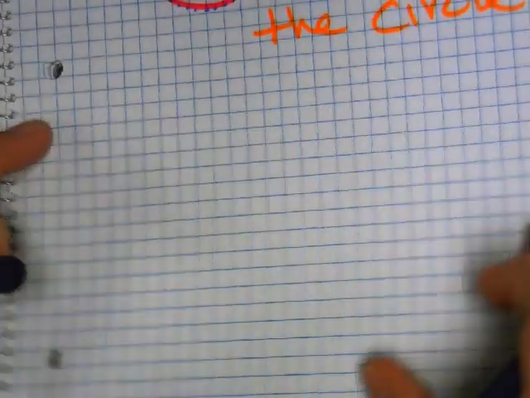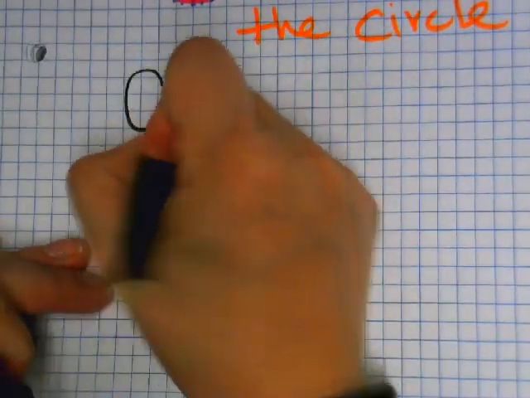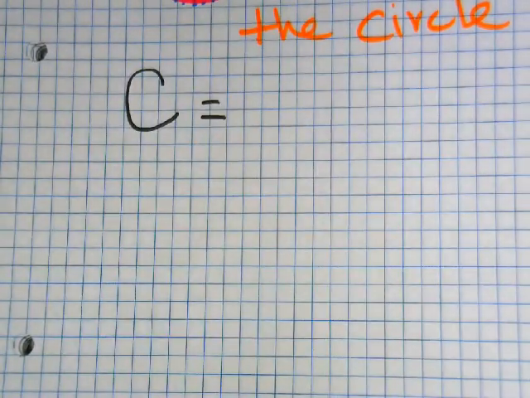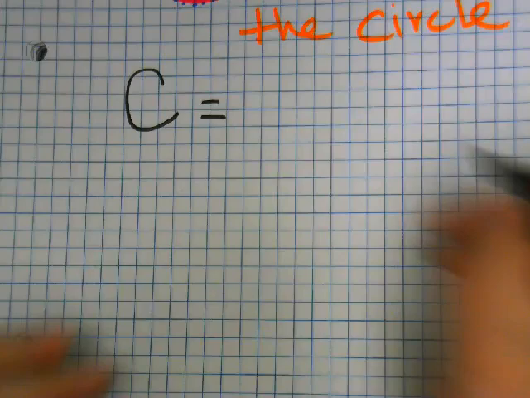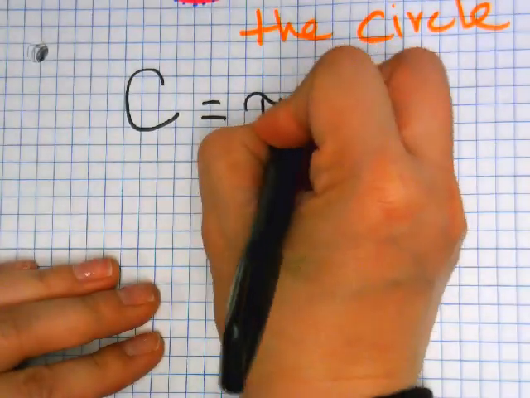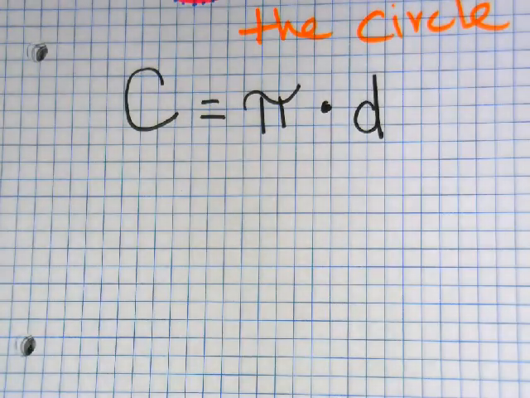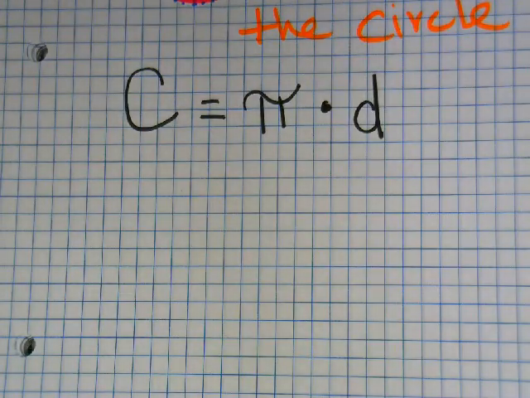All right. So circumference, we use the letter C, that stands for circumference, is equal to, now it's a formula, pi times the diameter. That's pi. So in math, we use this Greek letter from the Greek alphabet, and it's pronounced pi. And in math, we adopted it a long time ago, and we gave it a value.